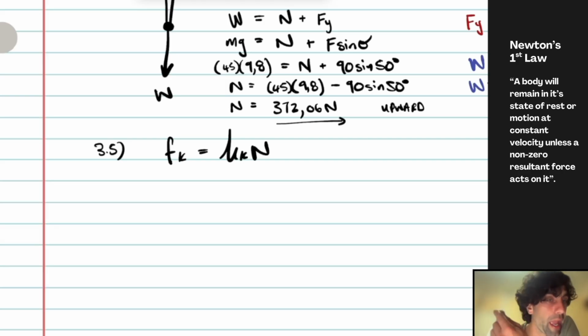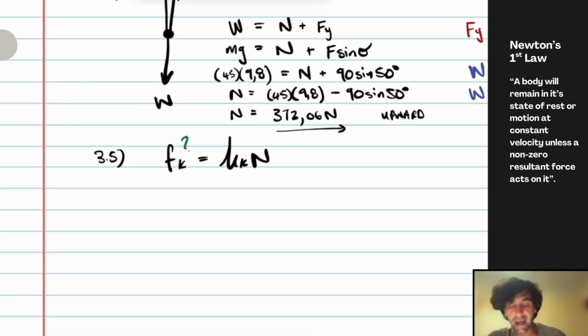This is mu k, so we're talking about kinetic friction, but you also get the coefficient of static friction, mu s, and that is associated with the static frictional force. So nonetheless, let's quickly ask ourselves, can we find out what the frictional force is, and do we have the normal force? And yes, of course we have the normal force.